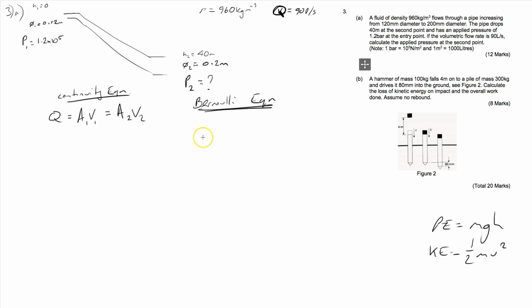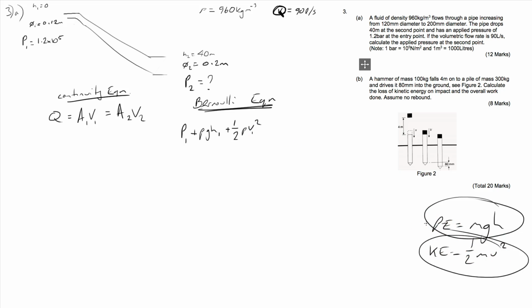Bernoulli's equation says that pressure 1 plus rho g h1 plus a half rho v1 squared is equal to the same on the other side, P2 plus rho g h2 plus a half rho v2 squared.